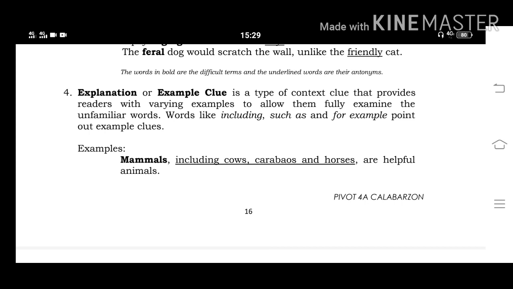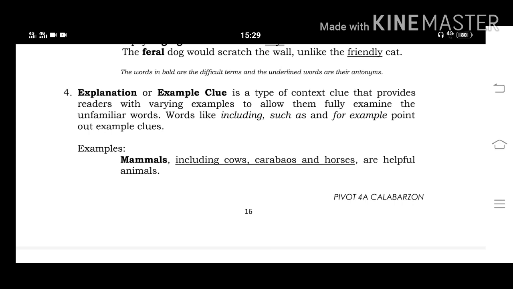Explanation or example clue is a type of context clue that provides readers with varying examples to allow them to fully examine the unfamiliar words. Words like including, such as, and for example point out example clues.